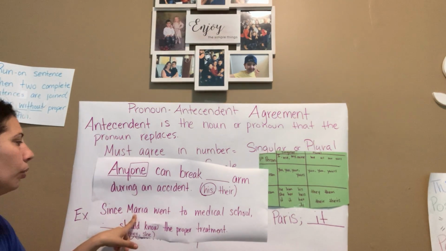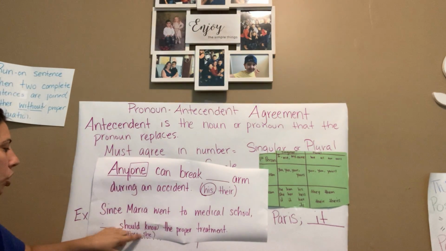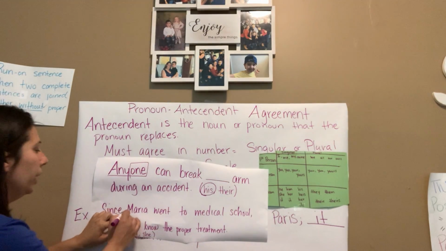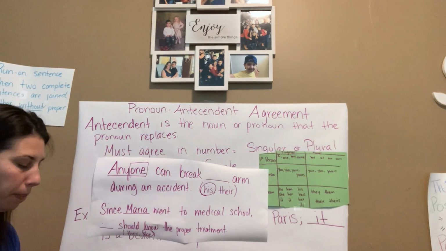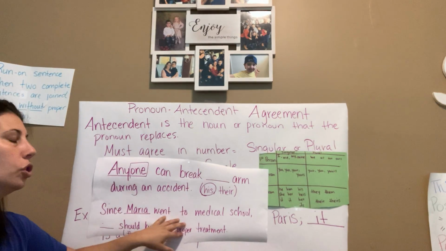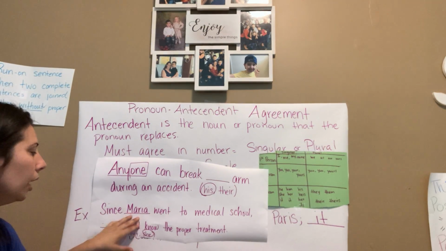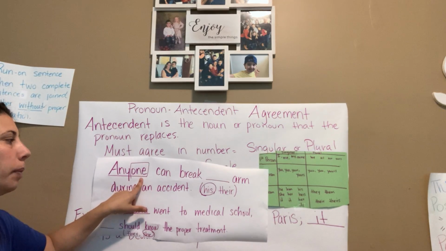Okay, so since Maria went to medical school, then the choices are they or she should know the proper treatment. So because it's Maria, she should know the proper treatment. So this is the one that kind of generally comes easier to people because it's easy to see that it's Maria. So then we would pick the one person. Something like this, though, is a little bit more difficult.